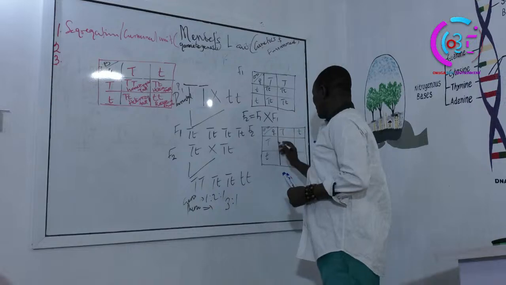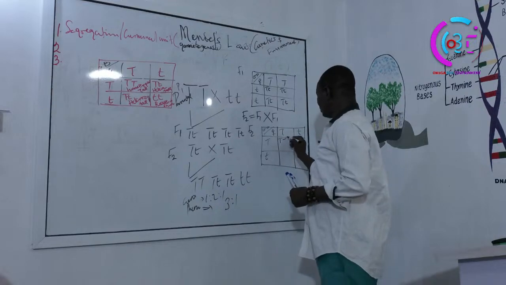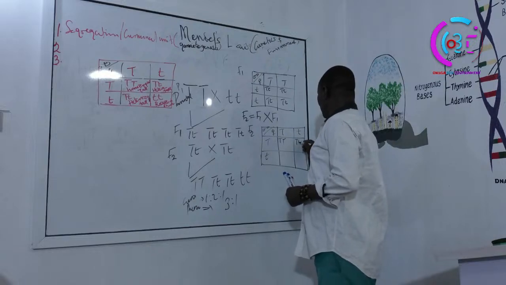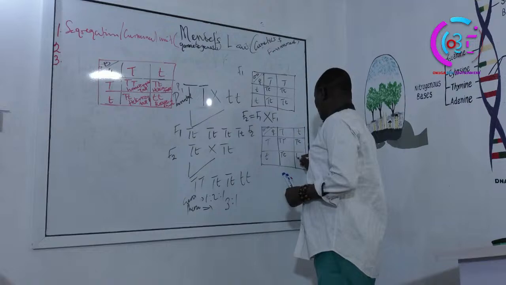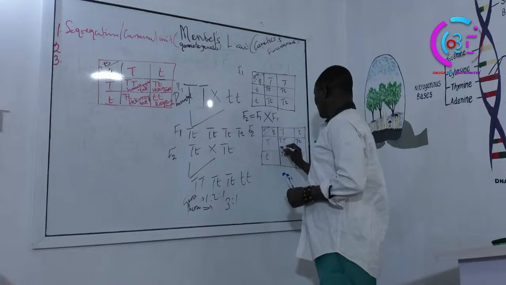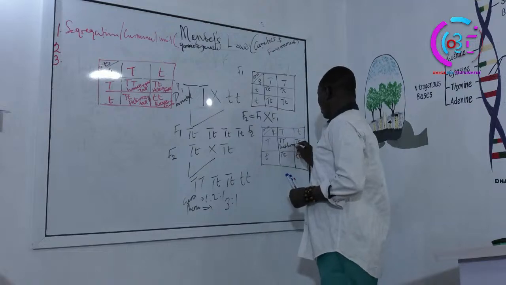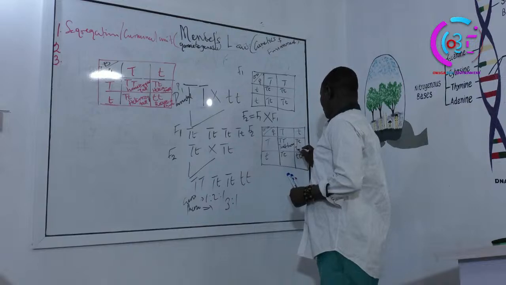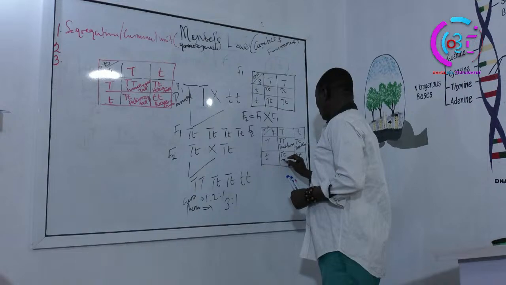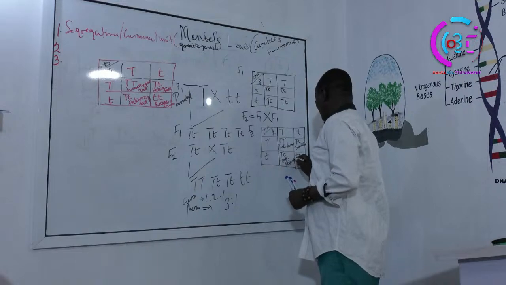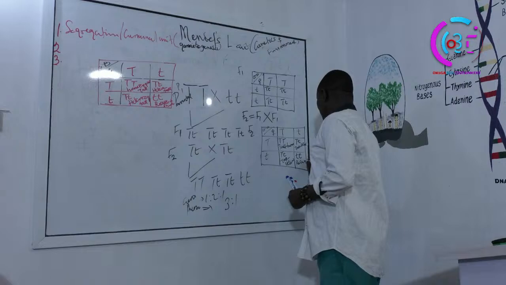So that by the time you do the crossing, this is going to be homo, this is going to be hetero, this is going to be hetero, this is going to be recessive. This is tall but homo. This is tall but hetero. Okay? This is tall and hetero, whereas this one is recessive.